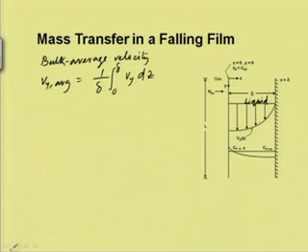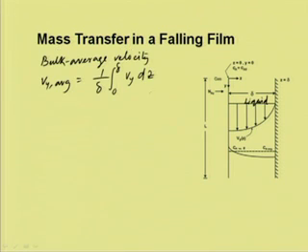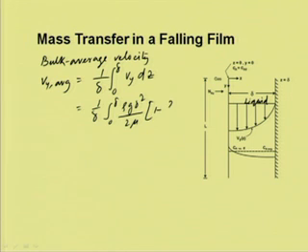So, V y we have obtained, V y equation is rho g delta square by twice mu into 1 minus z by delta square. So, if we include that, 1 by delta integral 0 to delta rho g delta square by twice mu into 1 minus z by delta square dz.